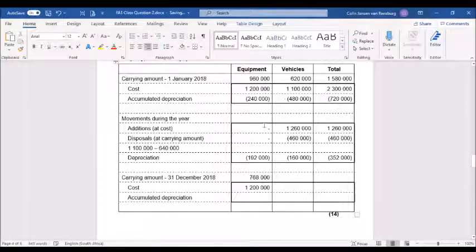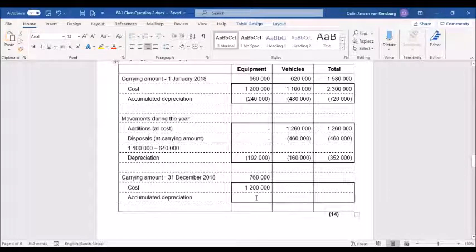Right. So now let's look at our accumulated depreciation at the end of the year. We started off with a balance on that account of 240,000 rands. Remember, it was a credit balance, which means we indicated it here as a negative. We've got another negative, so once again we've credited that balance.